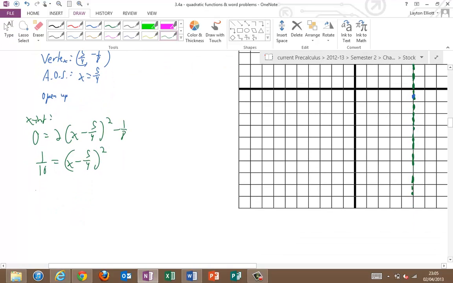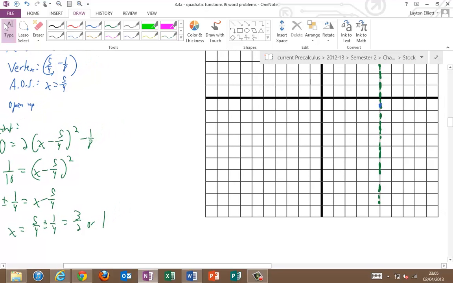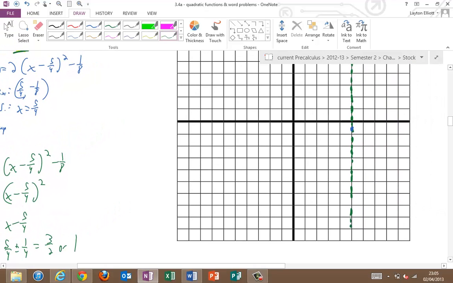Take the plus or minus square root of both sides, and I get plus or minus 1/4 equals x minus 5/4. Add, and I get x is equal to 5/4 plus or minus 1/4, which is the same thing as 3/2 or 1. So keeping in mind that I counted by fourths, 1 would be here, and then 3/2 would be here.